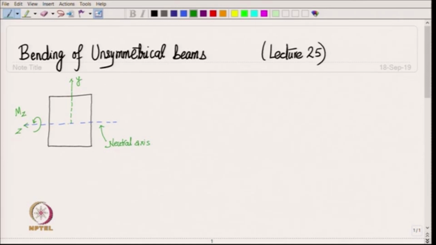and you see the analysis was done assuming that the neutral axis and the axis of applied moment, or the direction of the moment, were both coinciding.